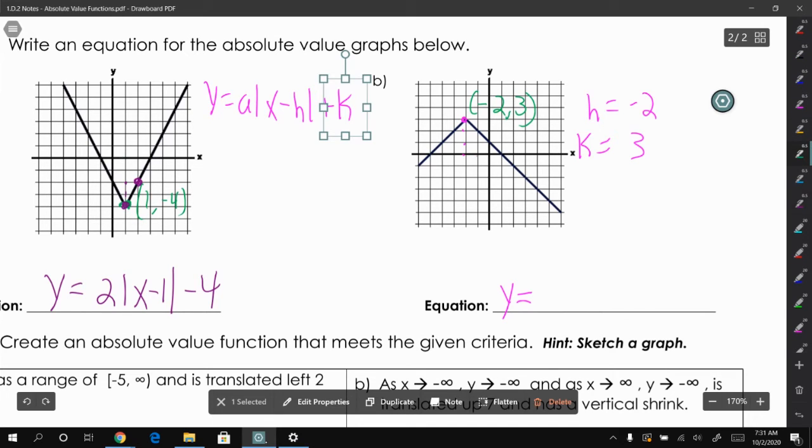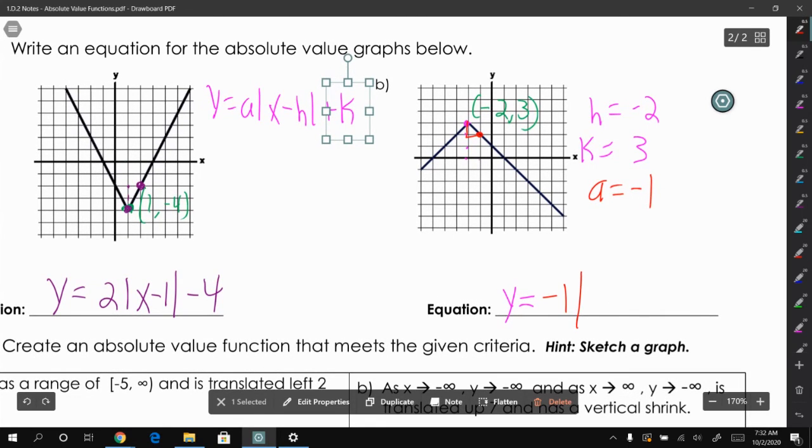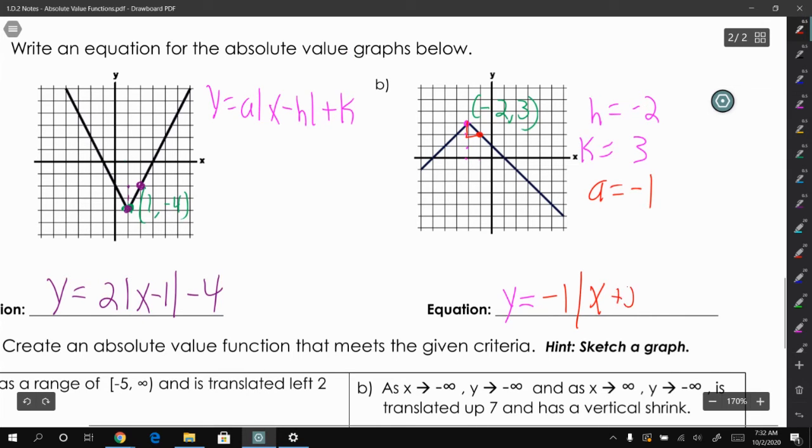Now our a value, we're going down 1, right 1, and we're on the graph still. So a is negative 1. You don't have to write the 1, just make sure you have a negative sign there. Then the absolute value of x, and instead of writing x minus negative 2, it's x plus 2, and then plus 3.